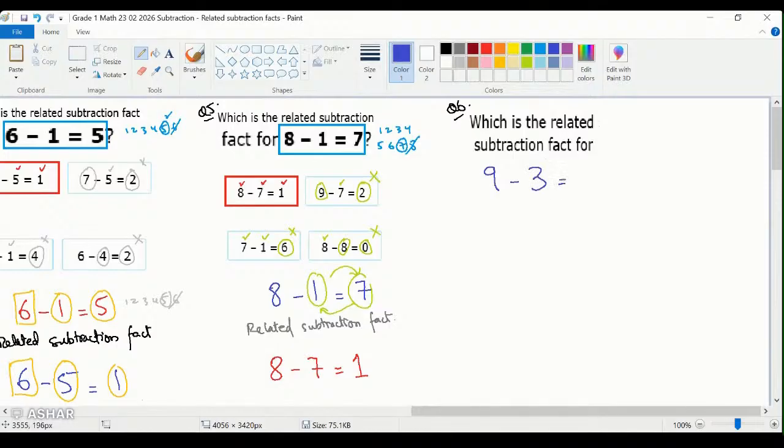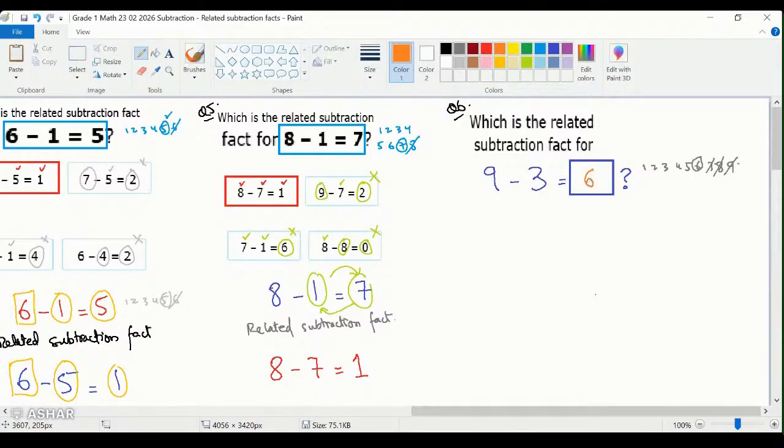I'm giving you an incomplete statement. If I'm saying 9 minus 3 is equal to something, I'm missing some information. And once we find this information, we'll give the subtraction related fact. So in order to find 9 minus 3, we can write the numbers 1, 2, 3, 4, 5, 6, 7, 8, and 9. If we subtract 3, we are left with a 6.